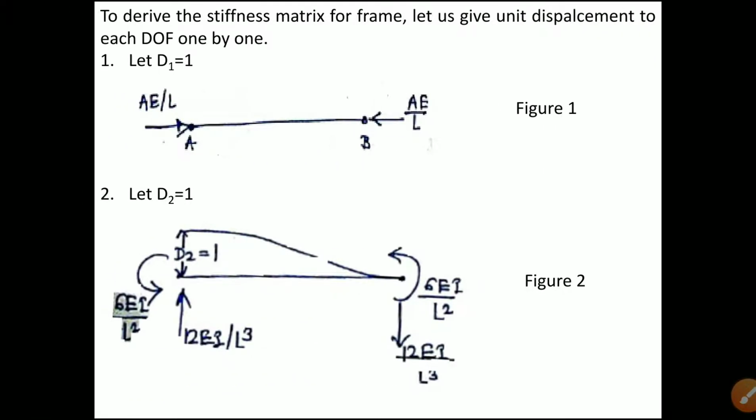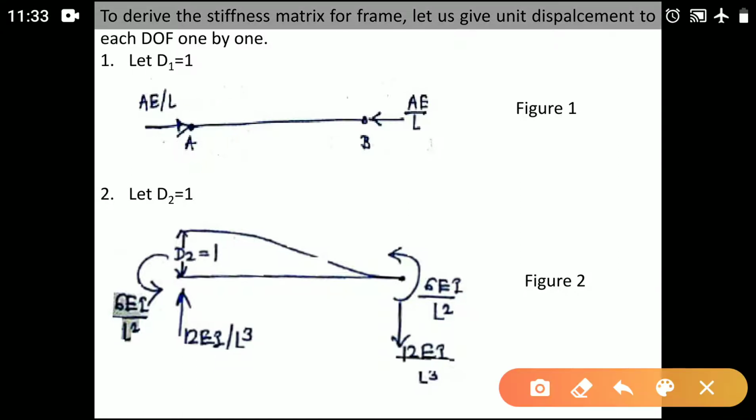Now, to derive the stiffness matrix for the frame, let us give unit displacement to each degree of freedom one by one. Starting from the very first step, let D1 equal 1. D1 is displacement in x direction at node A. In figure 1, when we give the displacement at node A in the right, that is positive direction, by an amount equal to 1 unit, the stiffness, that is force per unit displacement, is generated in horizontal direction.